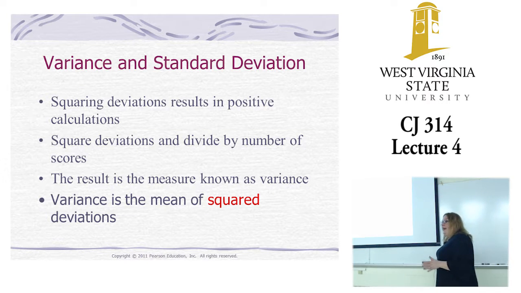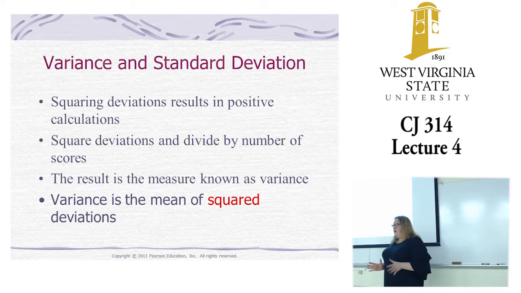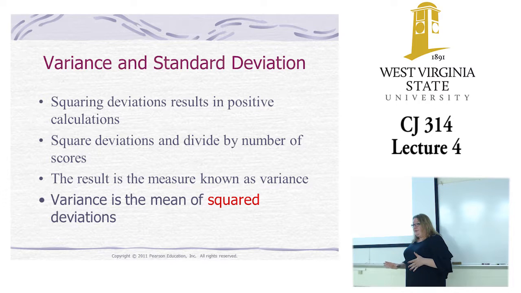In order to not get that 0, we're going to square our deviations. We can't do math with a 0. 0 times something is 0. 0 divided by anything or anything divided by 0 is 0. Not a lot of math we can do with 0. So we square those deviations.